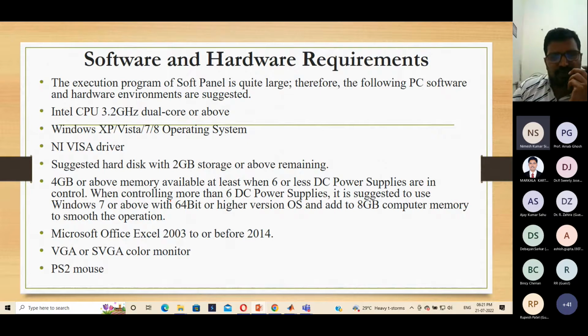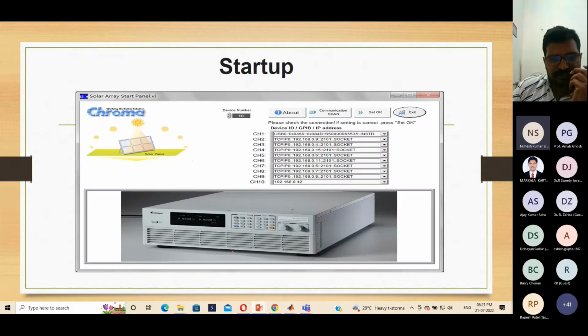Once you install all the software, you will get a display like this. Here I am explaining how to use the DC PV equivalent power or PV equivalent characteristics, and I would like to show you. Once you have done everything, it will show this startup screen. There you can scan for the communication part, in whichever way you have to connect.